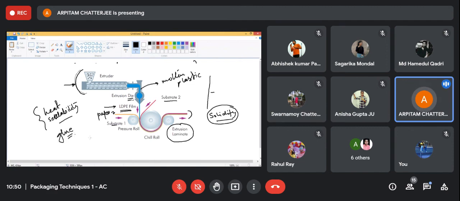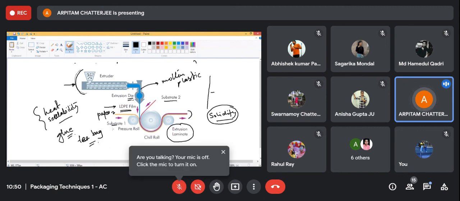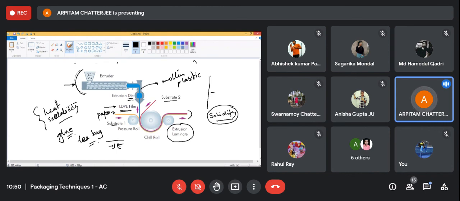But think of a tea bag. If you see it very closely, you will see that these two ends of the paper are not actually sealed by using any glue, but they have been sealed using heat.